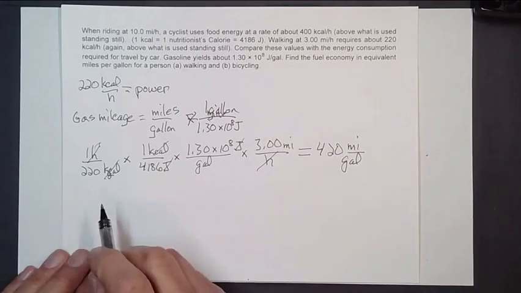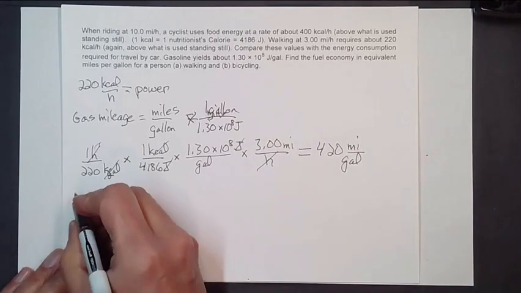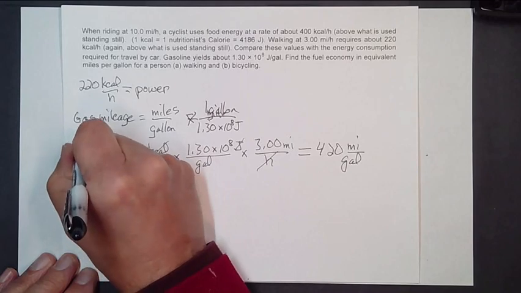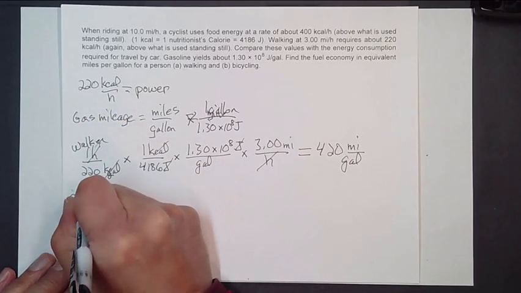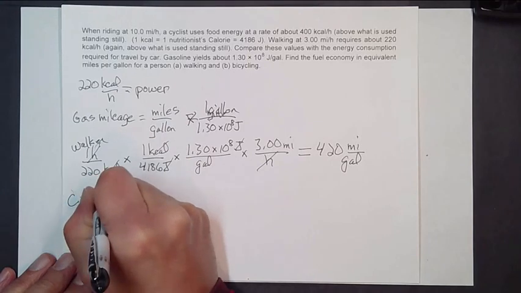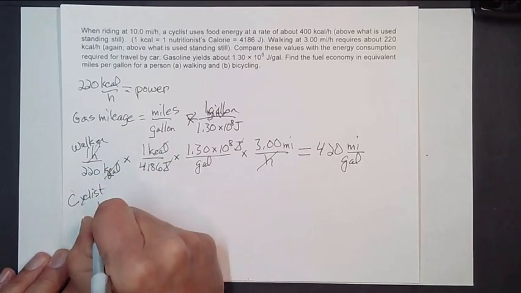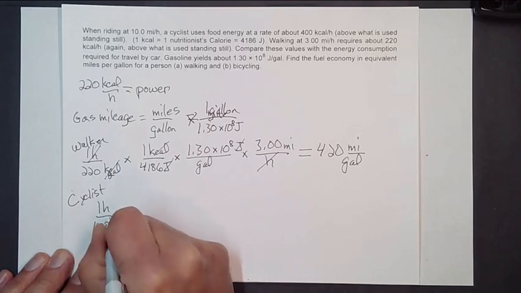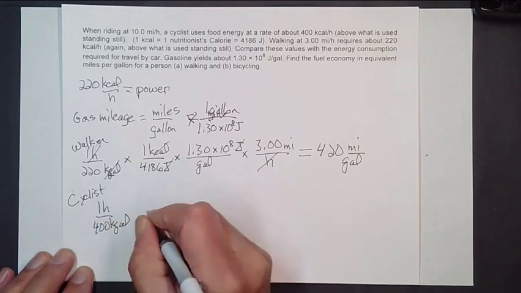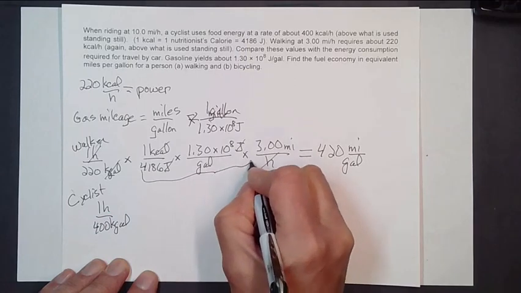But let's go ahead and do it for the cyclist as well. This is the walker. For the cyclist, I'll have 1 hour over 400 kilocalories. And then I multiply by the same batch of things.